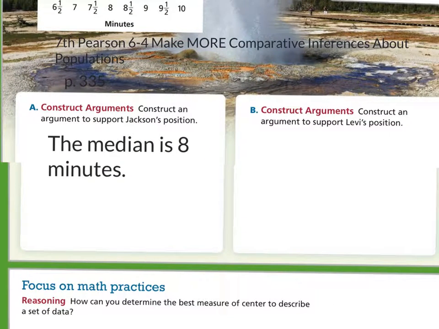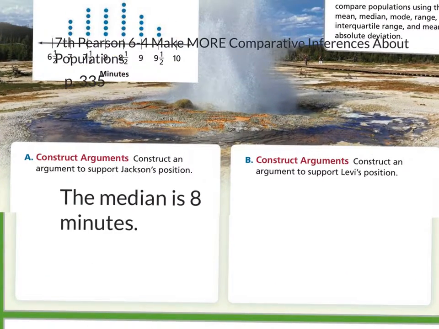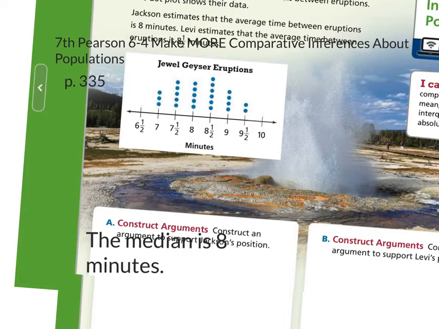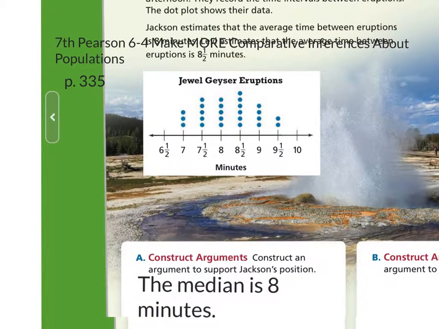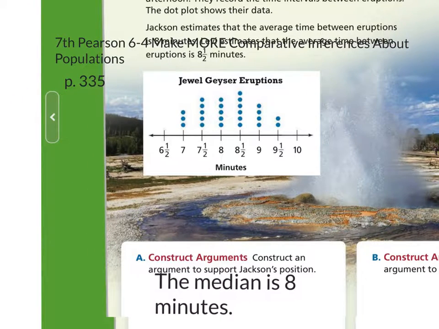Now, we also want to look at how Levi might have come up with his answer. So Levi estimates the average is 8.5 minutes. So if we look at the graph here, can you see how he might have come up with 8.5 minutes?